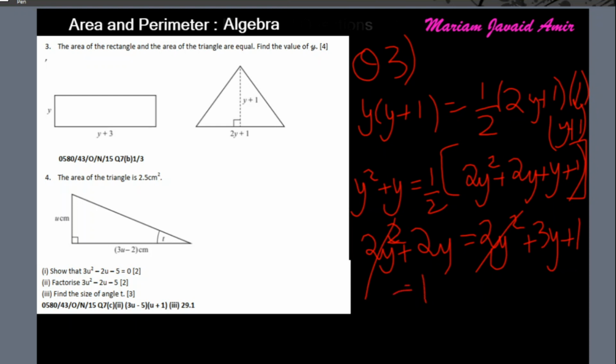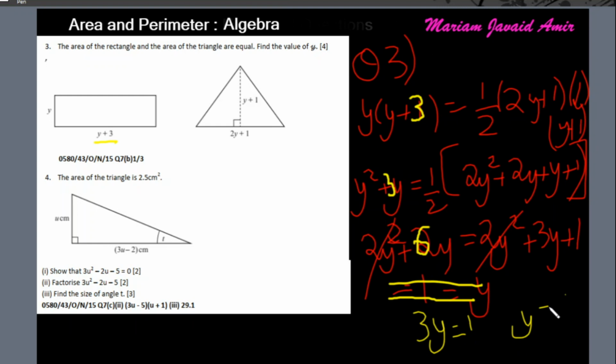Let's bring 1 to this side and y to this side. So, okay, I spotted a mistake. I wrote y plus 1 instead of y plus 3. This was y plus 3. So this becomes plus 3y and then this becomes 6y. So now when I rearrange, I will get 3y equals 1. So y equals 1 by 3, which is the answer for question 3.